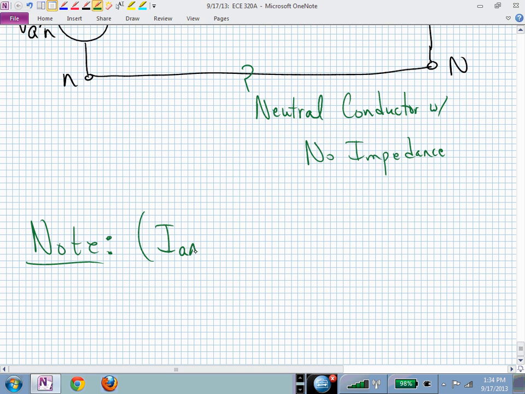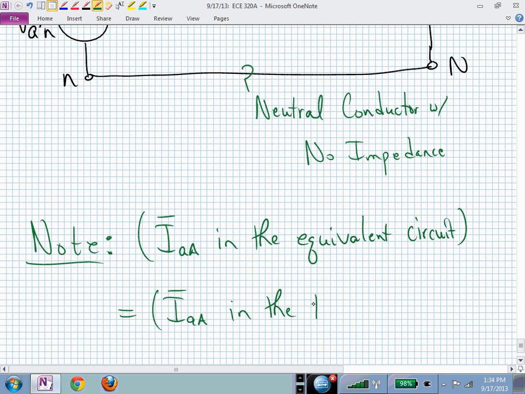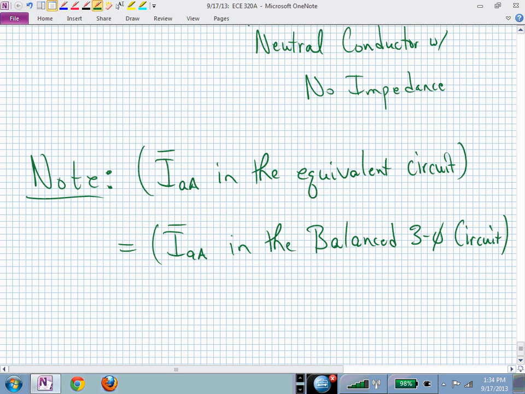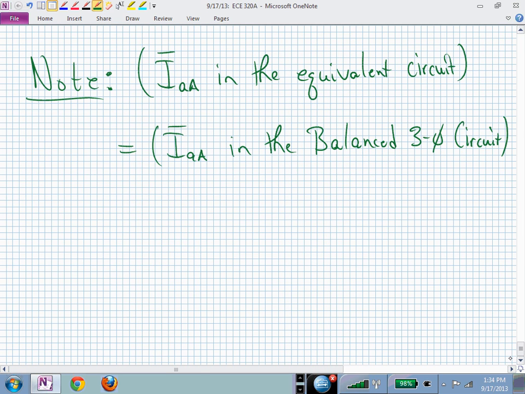That I sub AA in the equivalent circuit, that's what I just sketched, that's equal to I sub AA in the balanced three-phase circuits. That's the whole point of this exercise, to find the A phase current, but you can't make the same connection with the neutral conductor.